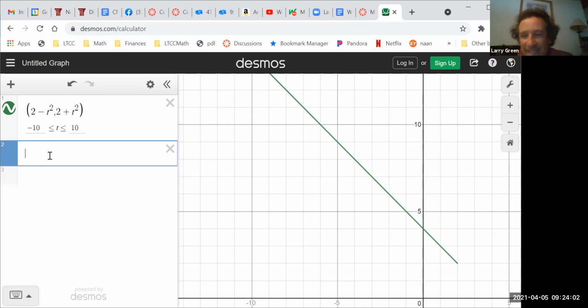Can't go wrong, by the way, as long as you use the letter t. And give me an x and a y. Okay, good. So that's going to be 5t plus t squared. And again, you always put parentheses around it for Desmos. So (5t plus t squared, t minus 10).